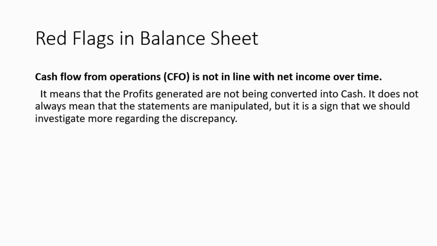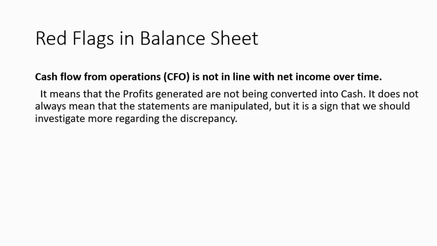First, we will start by knowing the red flags in financial statements. The first one is when the cash flow from operations is not in line with the net income that the company is reporting.